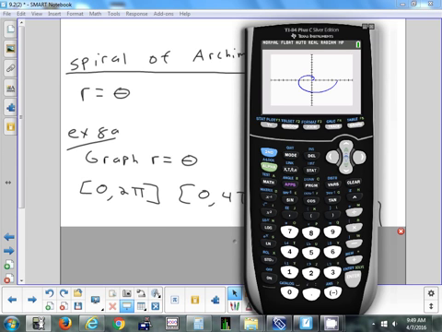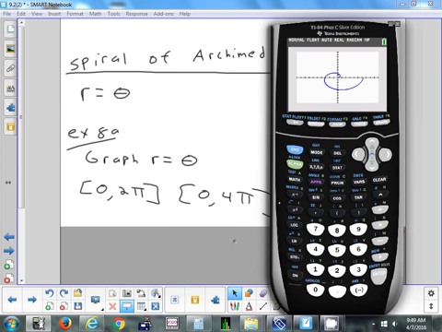Okay, and it made 1 revolution. What's going to happen if I graph it from 0 to 4 pi? It's going to make 2 revolutions. Now, what's the biggest my radius could get this time? 4 pi, which is about 12.56. That's going to go off my screen.